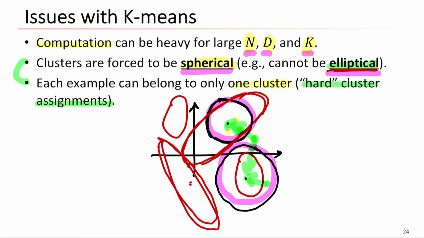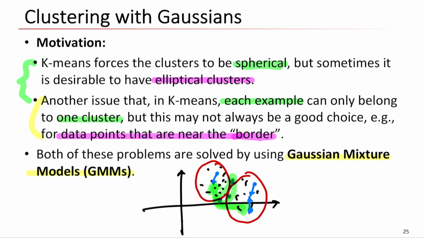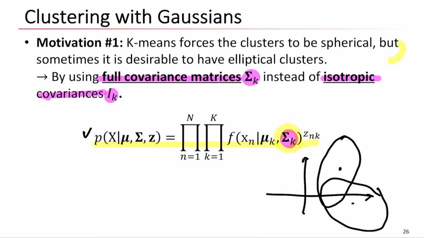So to address these two kinds of limitations, we introduced the Gaussian mixture model, right? So there are two motivations, elliptical clusters and hard assignment. The first limitation can be solved by introducing the full covariance matrix, mu k and sigma k, instead of the isotropic covariance, right?